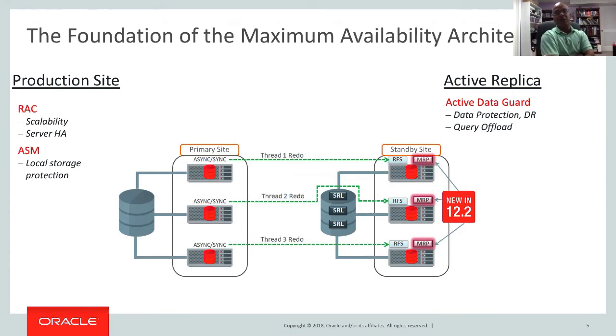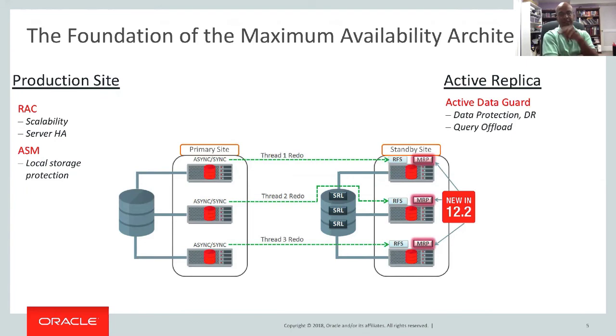Again, the question that came up was, is there any chance that if node 2 or instance 2 of the primary crashes, it would be hanging or something? No, we actually keep sending that information from the other RFS process on the primary side, which would continue to send it. So it would be good.